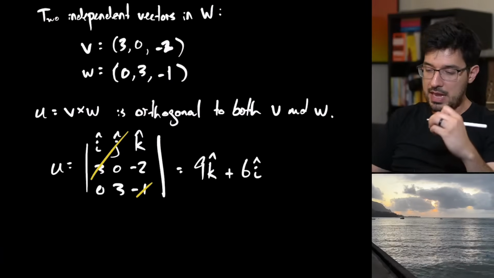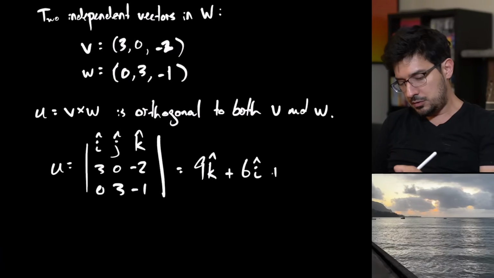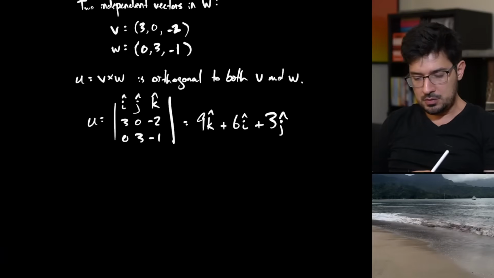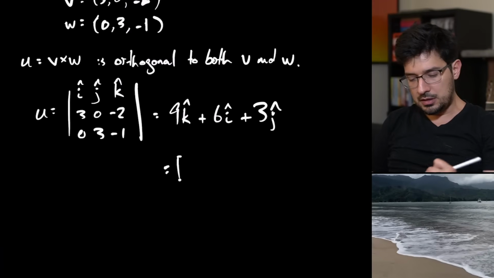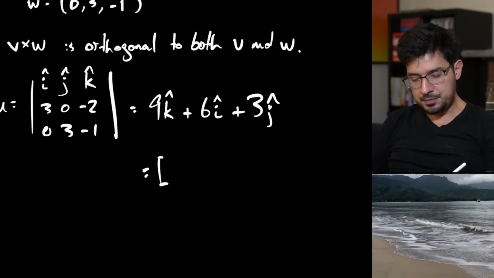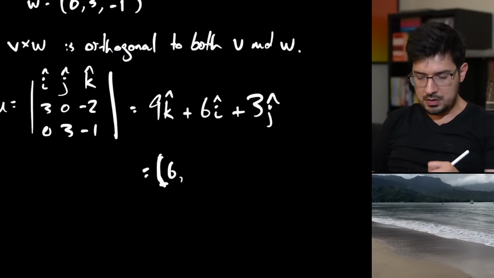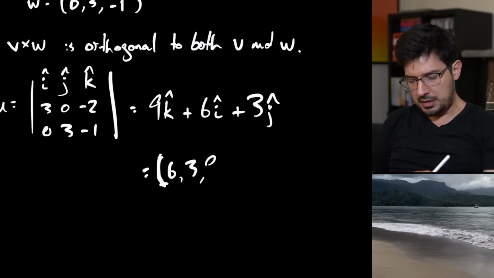So that is add 3j. So this turns out to be the vector 6, 3, 9.